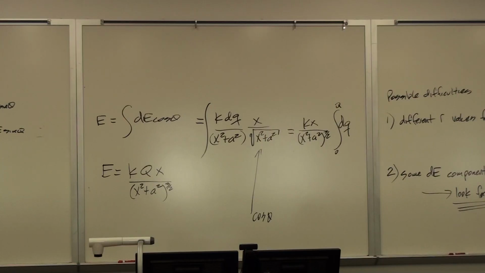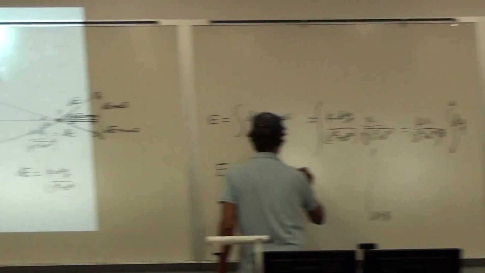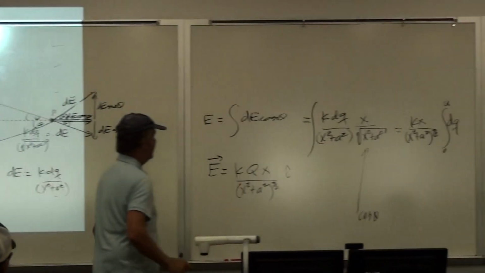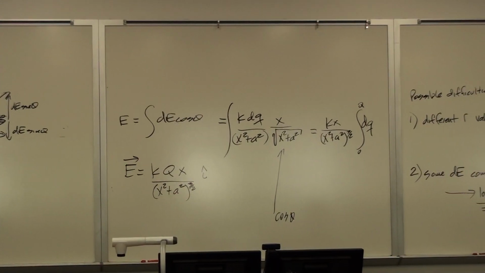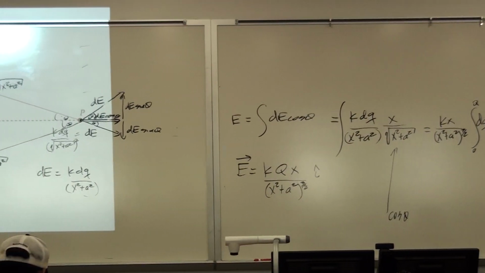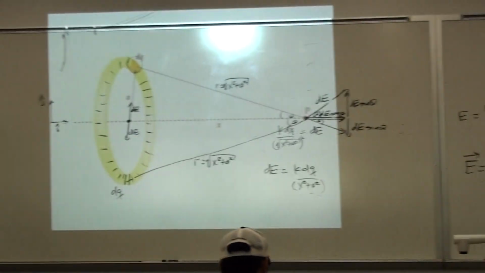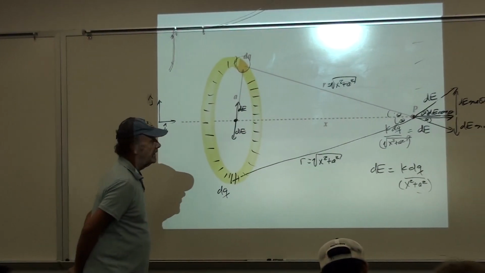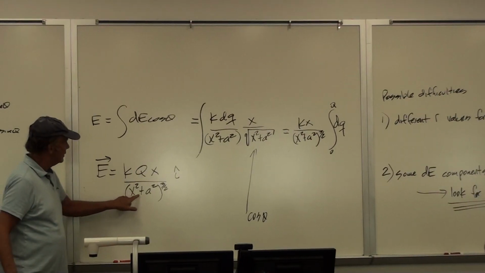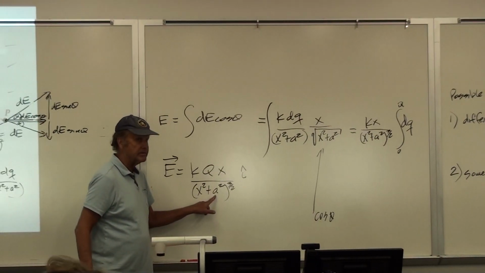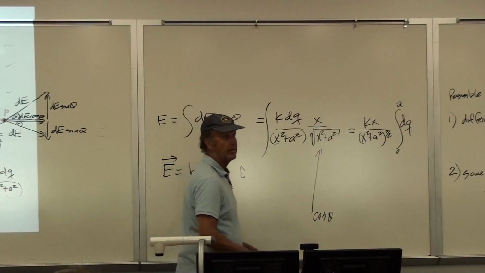We can set up an i hat, j hat coordinate system like that, and then we would write this as some i hat vector like that. And that would be our answer. And so we did it. We found the total electric field. It points along the x-axis to the right and is equal to kQx divided by x squared plus a squared, where a is the radius of the ring, to the 3/2 power.